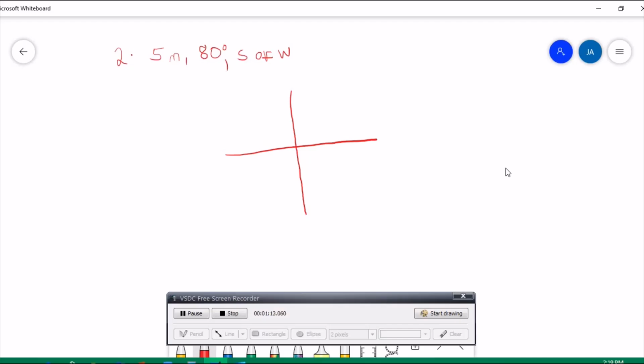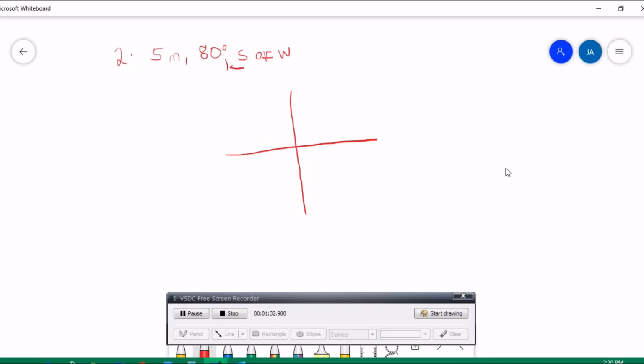Okay, so we are done with our number 1 example. So we have a vector with 5 meters, 80 degrees south of west. So the first step before graphing your answer is, of course, identifying the direction. So we have here the direction south of west.